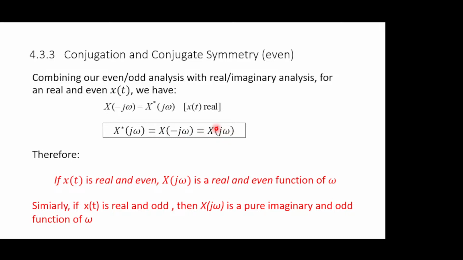So X star of j omega equals X of minus j omega equals minus X of j omega. So what does this tell us? Obviously it's still odd, because even and odd are preserved, but the X star will be minus X. So if it's odd, then it's actually odd and imaginary. So if small x is real and odd, then big X will be imaginary and odd.